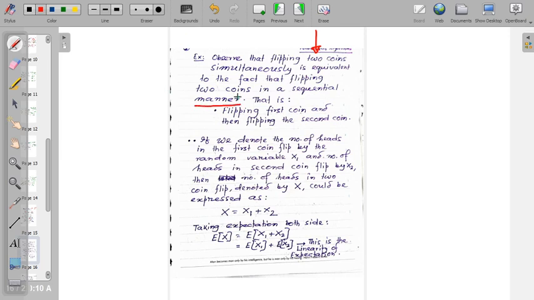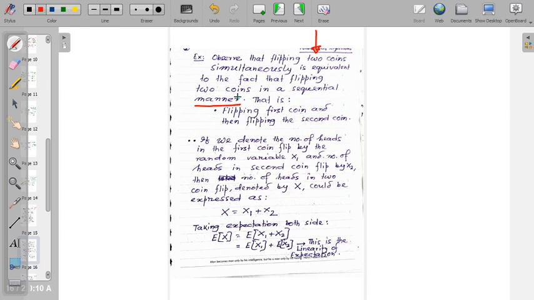If I flip one coin first and then another coin, I can see it as one big experiment, and the same sample space becomes HH, HT, TH, TT.